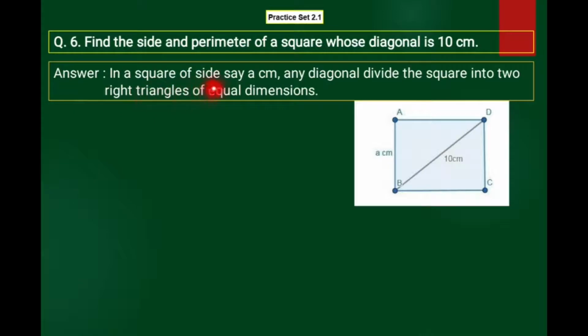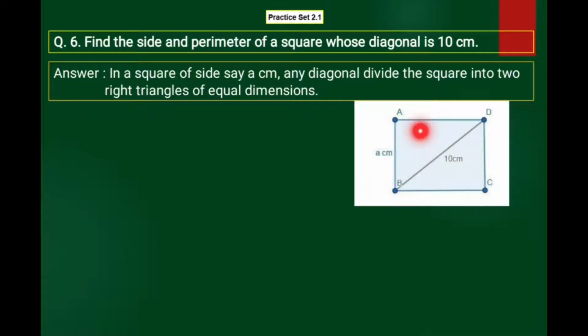In a square of side a centimeter, any diagonal divides the square into two right triangles of equal dimensions. If we consider a square of side a centimeter, its diagonal BD bisects this square into two right triangles of equal dimensions.